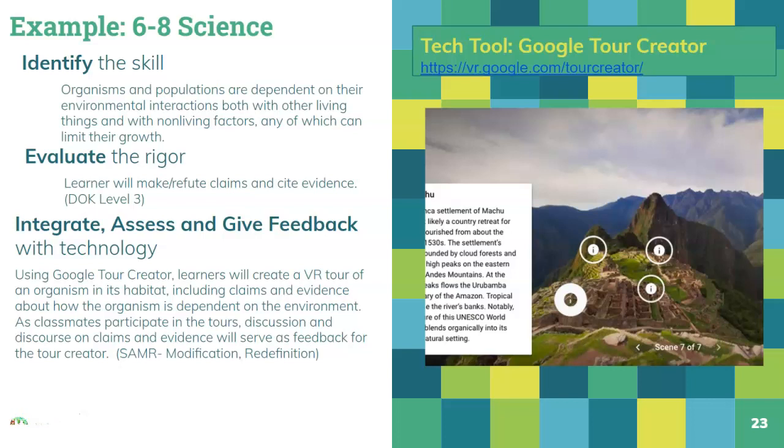So you go from a very 2D experience to a very immersive experience via virtual reality, something that Google Tour Creator allows you to do. Again, this is redefinition at its best. Without the technology, there's no way you could do this, and it really changes the learning experience for both the student and the viewer.